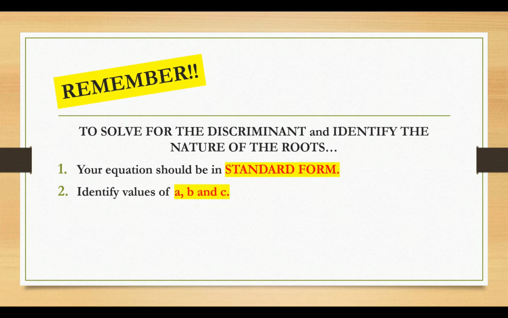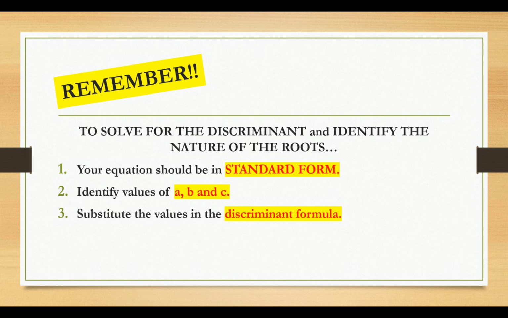And when we are getting the values of a, b, and c, it should be numbers only. Step 3, substitute the values in the discriminant formula, D is equal to b squared minus 4ac.